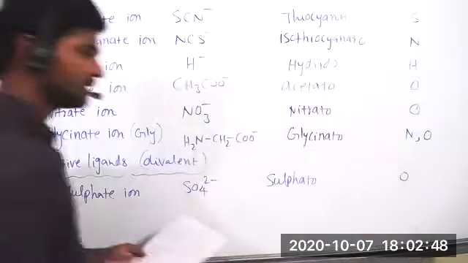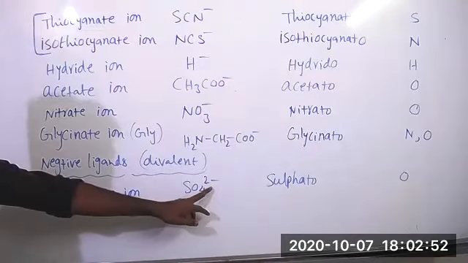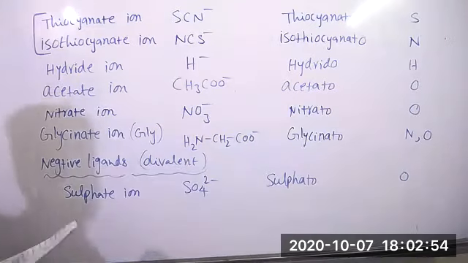Only one oxygen is linked to the central metal atom. Although it is carrying -2 charge, it is forming one bond with the central metal atom.